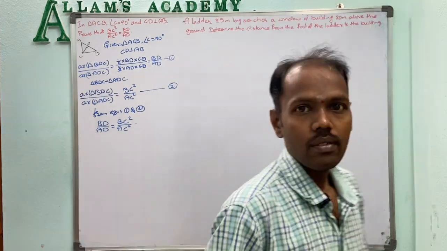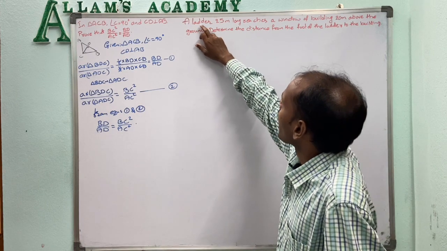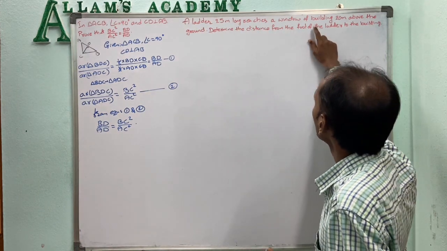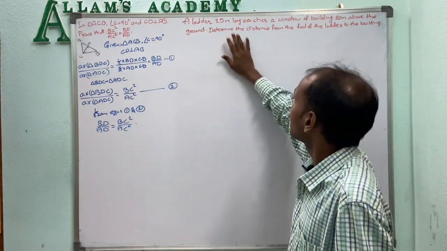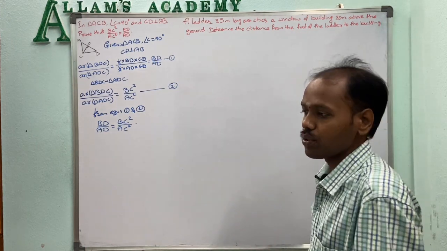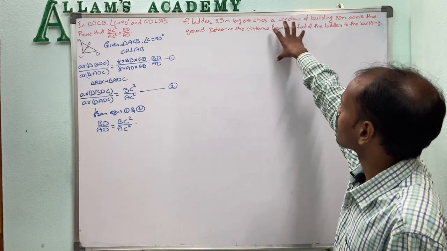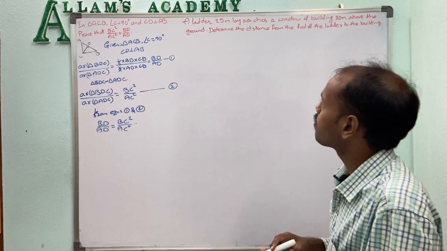Okay. Now a given problem: a ladder 25 meters long reaches a window of a building 20 meters above the ground. Determine the distance from the foot of the ladder to the building. So first we draw the triangle for the given problem.